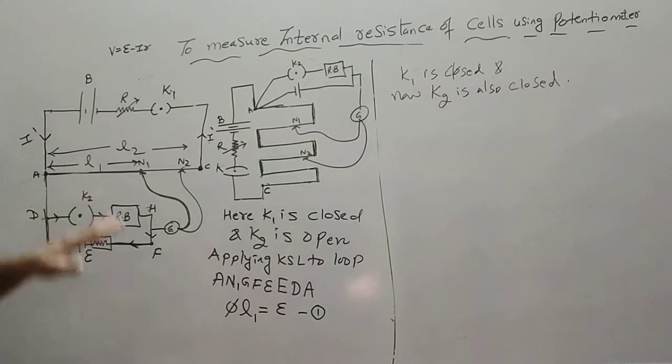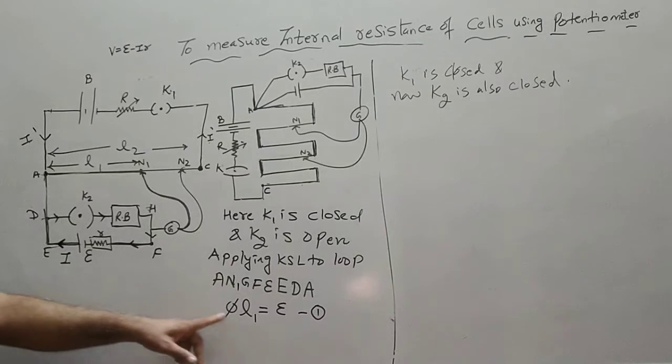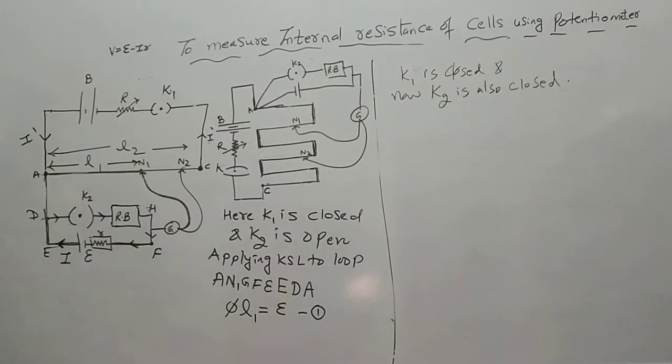So if I apply Kirchhoff's law to this portion or loop, I will get phi L2 is equal to V, where V is the terminal potential difference.